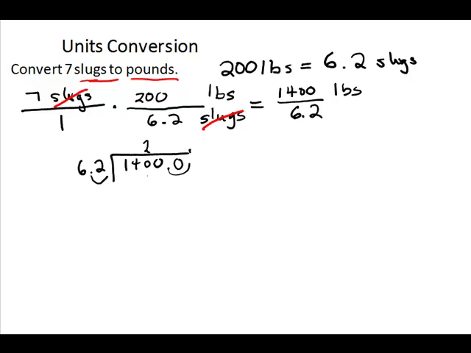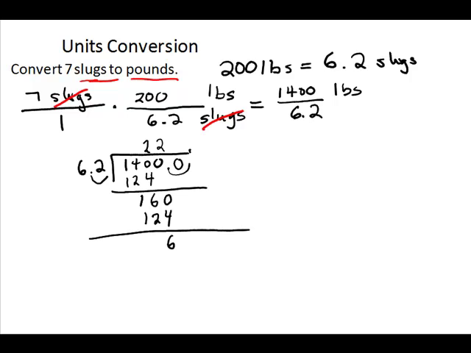Multiply back. 2 6s are 12. Subtract and bring down. And 62 into 160 will go 2 times. Multiply back. 62 times 2 will give us 124.